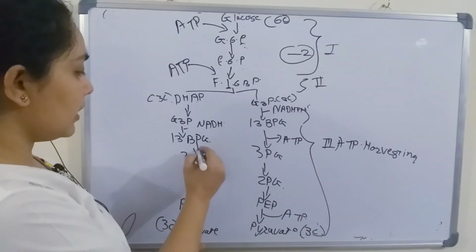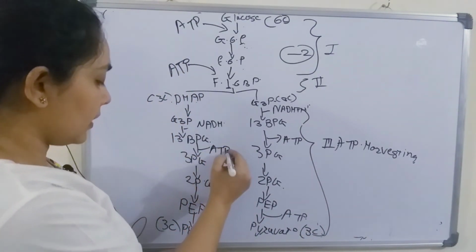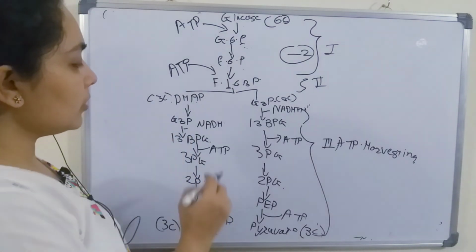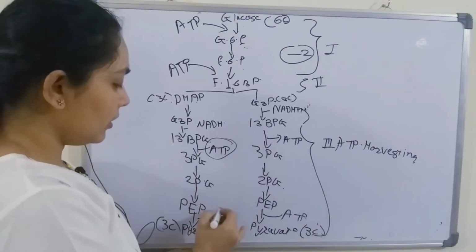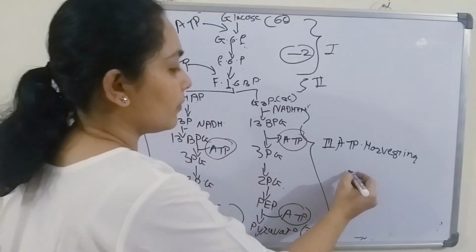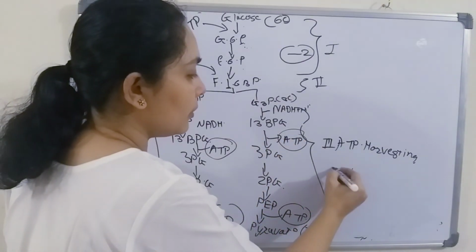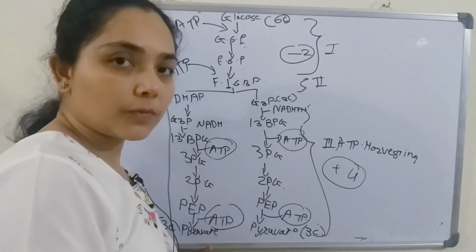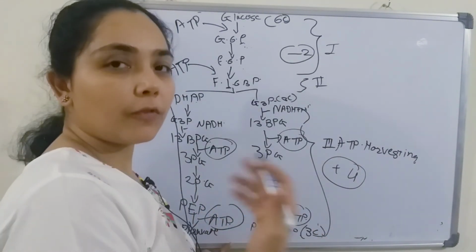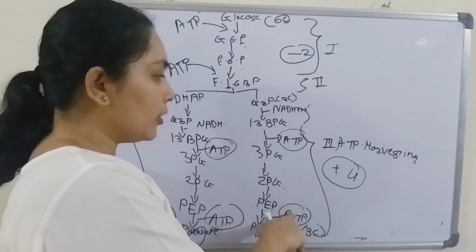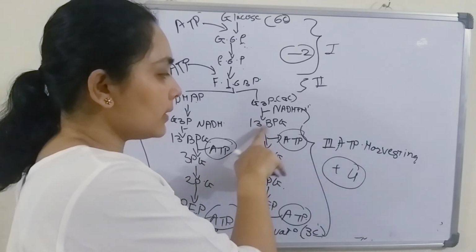Same way here also 1 ATP will be produced. So in total 1, 2, 3 and 4, 4 ATP molecules we are getting directly via substrate level phosphorylation, that is directly in the form of cash. We are ready to use this energy. 4 ATP molecules are obtained via substrate level phosphorylation.